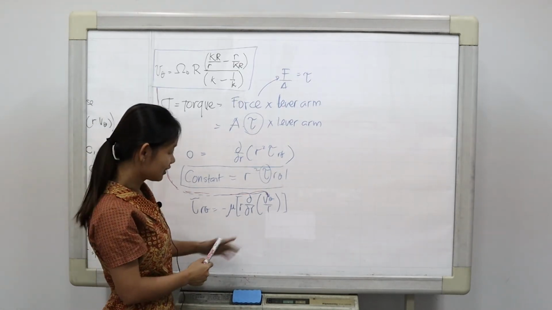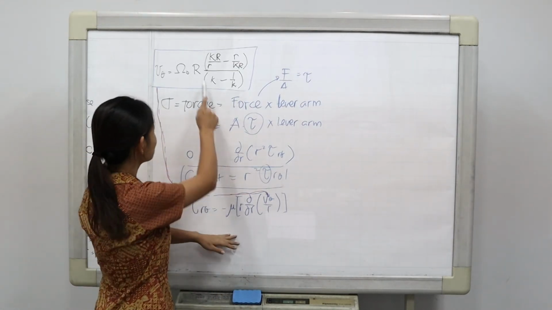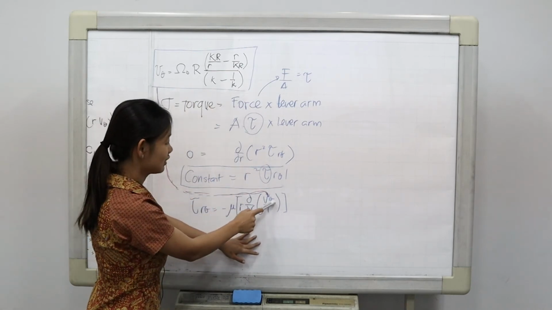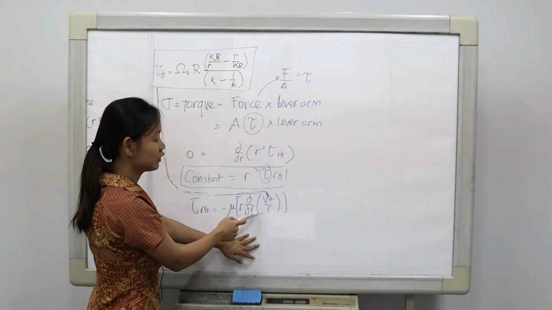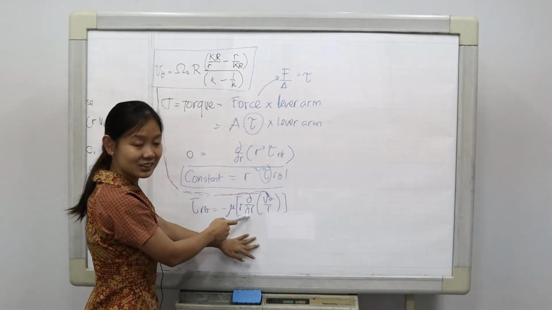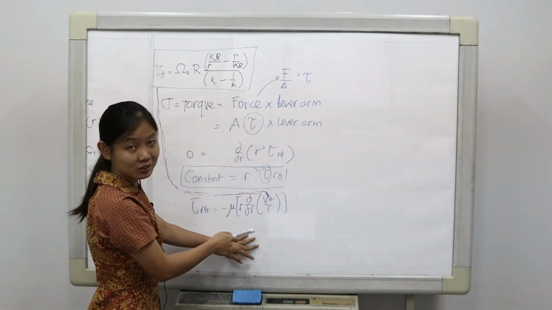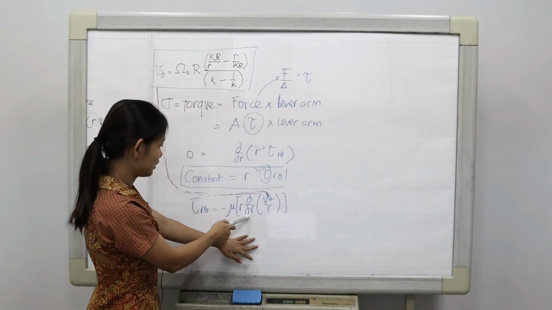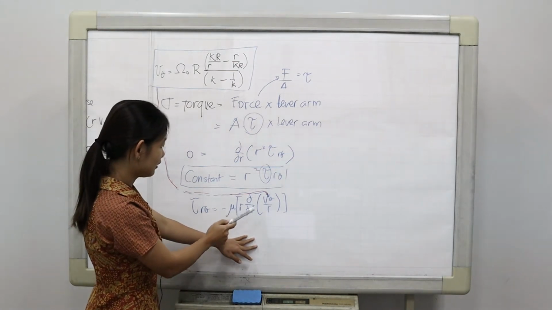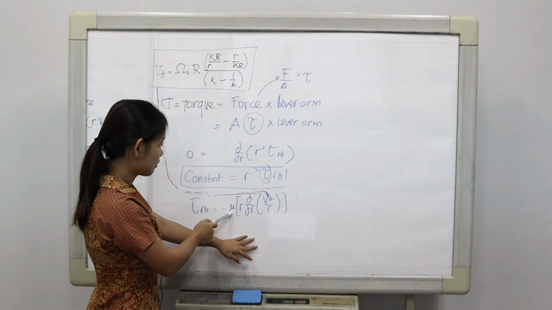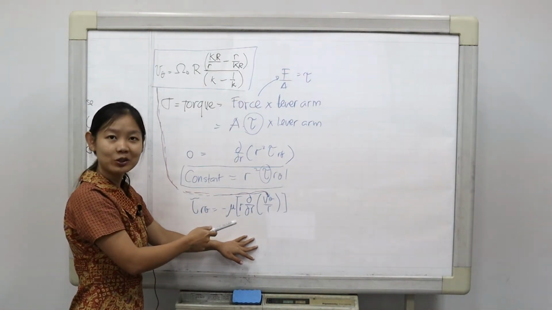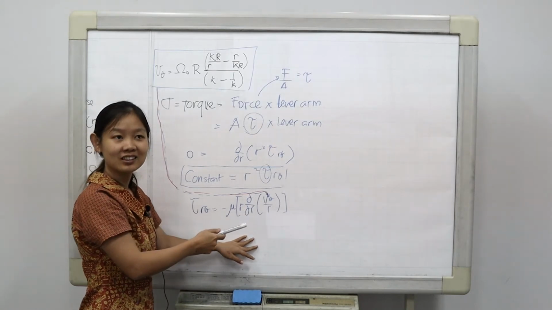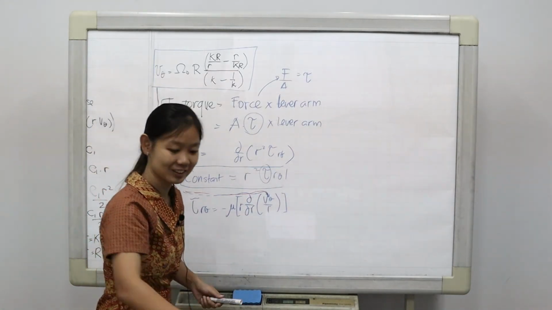I think this is simple. You just need to put this equation here, divide by r, and then do one differentiation. You will not do integrations. Then times r times minus mu. It's easy to say, but when you do that, it's mathematically challenging.